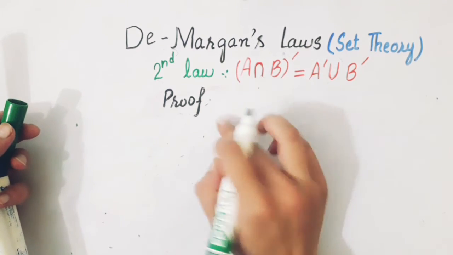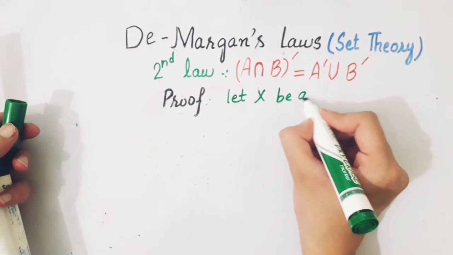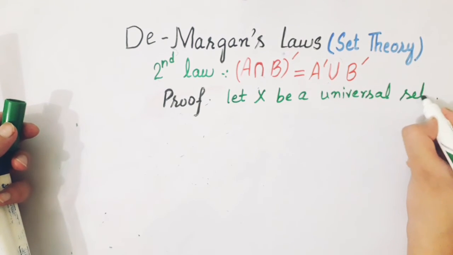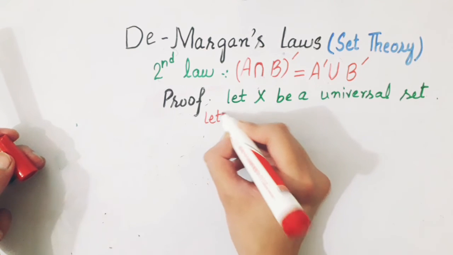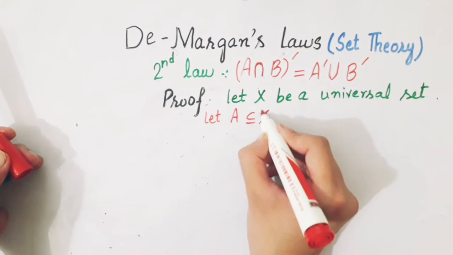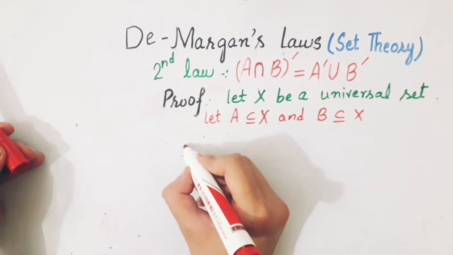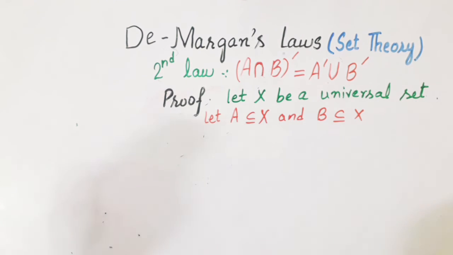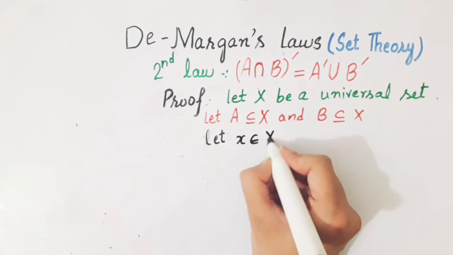Now first of all, let X be a universal set, then let A be a subset of X and B also a subset of X. And then suppose small x belongs to capital X.